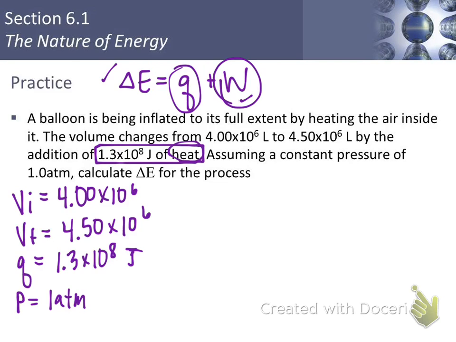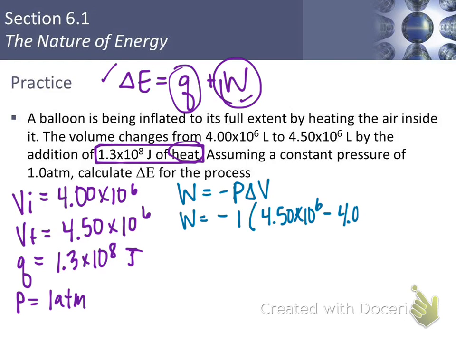Okay. So work is equal to negative P delta V. So negative 1 times final volume minus initial volume.